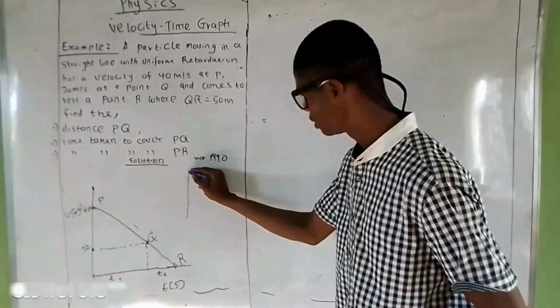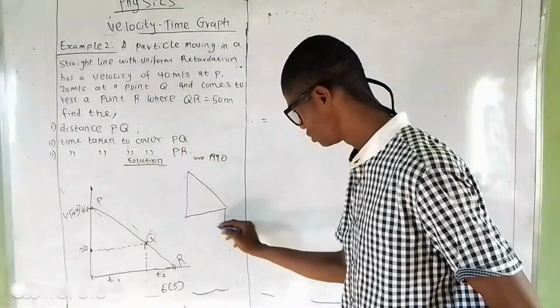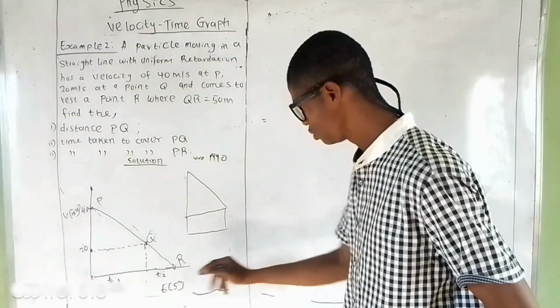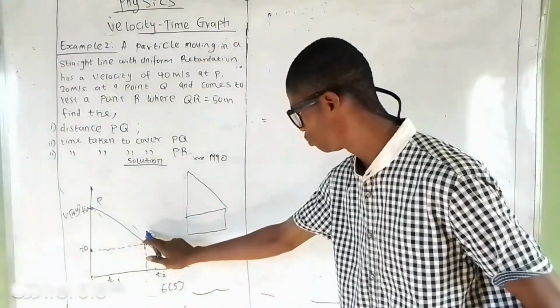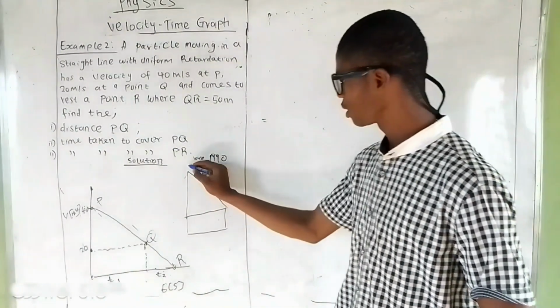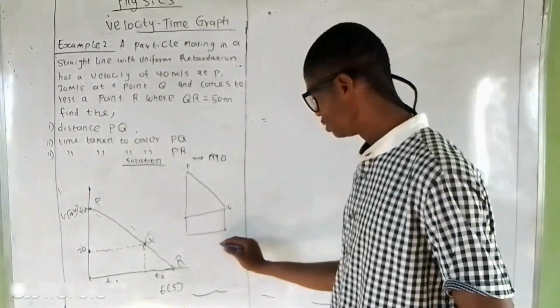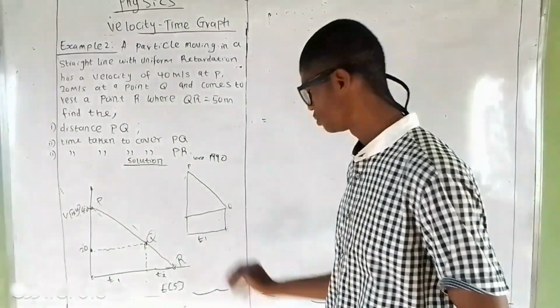If I want to draw it, we'll have something like this. Look at it from here to Q. This is the shape it will give us. We can write P here, Q here, and it was done within t1.